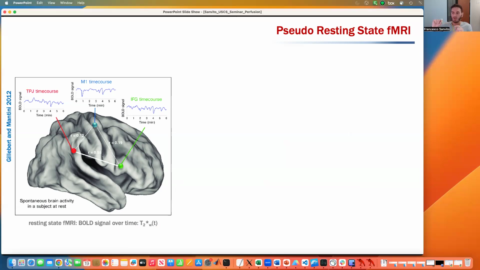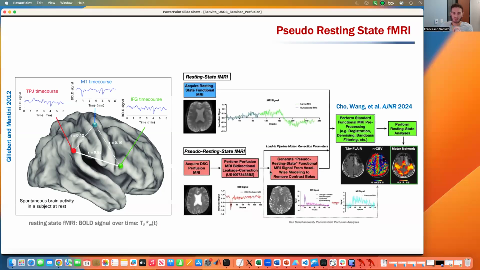Because if the oscillation is in phase to some extent, this is not a correct term, but just to give an idea, it means that those two brain regions are speaking to each other, that their synapses are firing simultaneously to some extent.